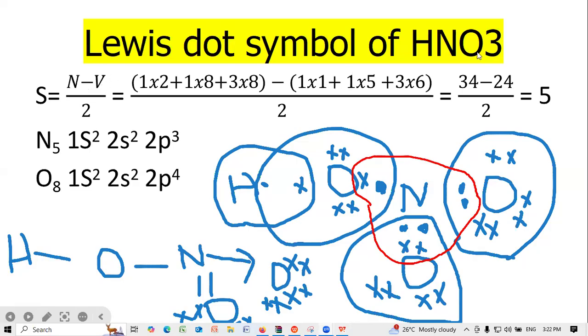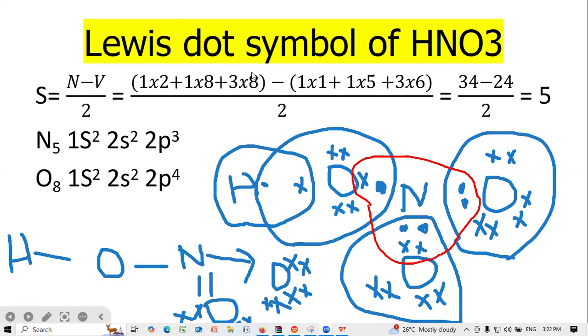In nitric acid, there is only 1 hydrogen, so 1 multiplied by 2, because hydrogen is a duplet, plus 1 nitrogen, so 1 multiplied by 8, plus 3 oxygens, so 3 multiplied by 8, because nitrogen and oxygen are octets.